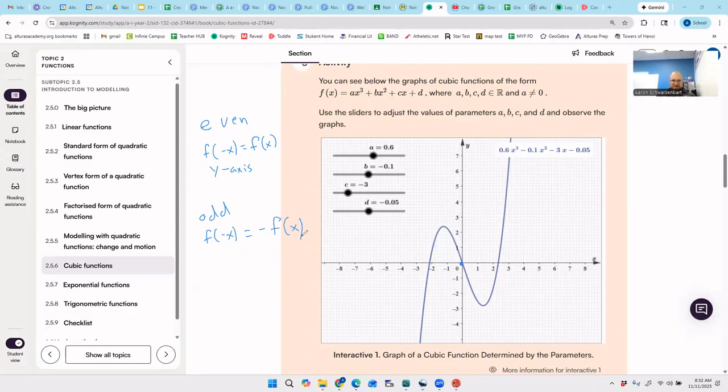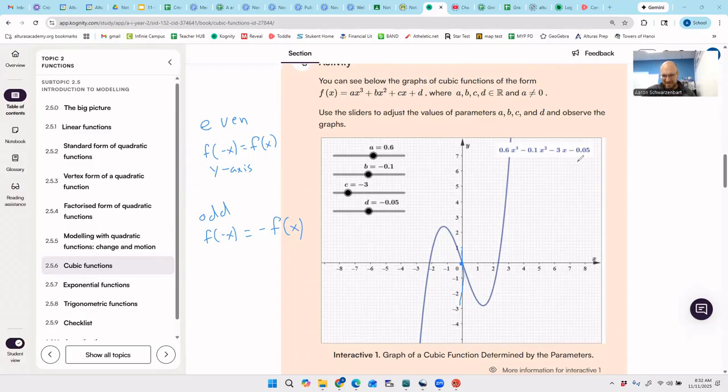For odd functions, f of negative x equals negative f of x. And that origin symmetry means essentially 180-degree rotation of the right side of the graph, rotated 180 degrees about the origin. It has to be about the origin. It can't be about 1 or something like that.